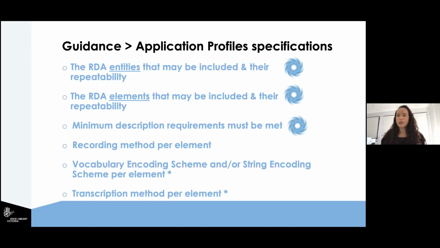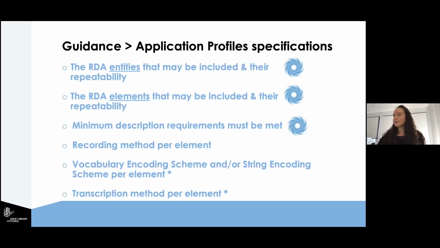And finally, the AP also specifies what transcription method you're going to use. Is it going to be basic? Is it going to be normalized? Is it going to be another kind of transcription? Asterisks beside that, because transcription method only needs to be specified if you've decided to use an unstructured recording method for an element.